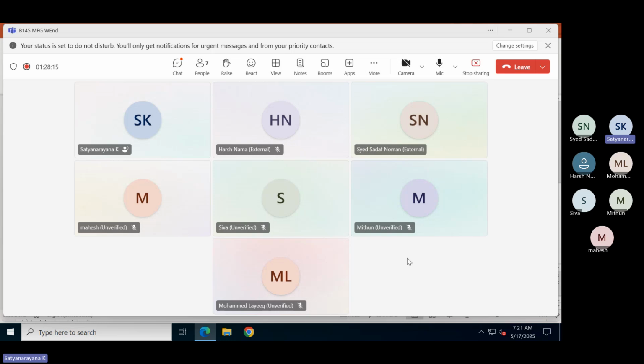So Mahesh, can you ping me hi so that I will share you the link for tomorrow also. Mahesh, am I audible to you or not? Okay, fine. Let me add into group. Okay, fine. So Ramesh also.